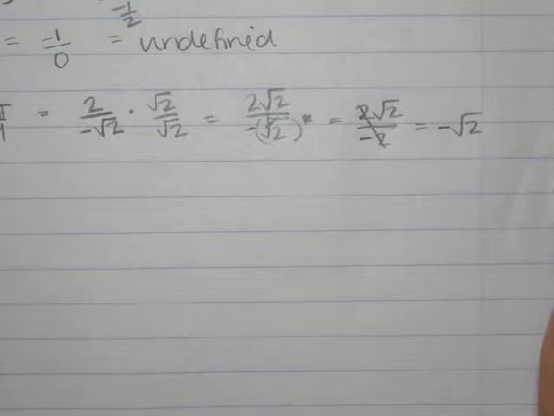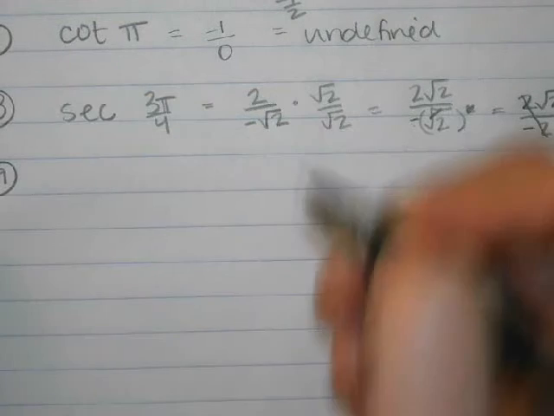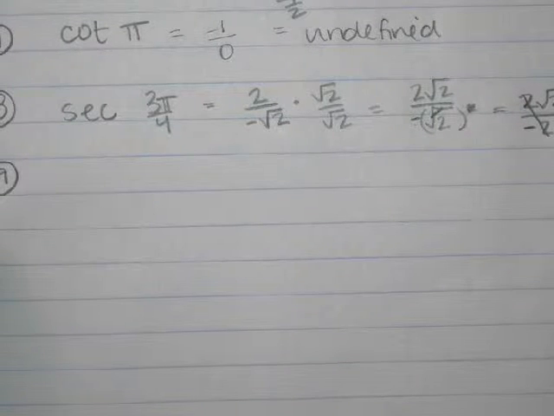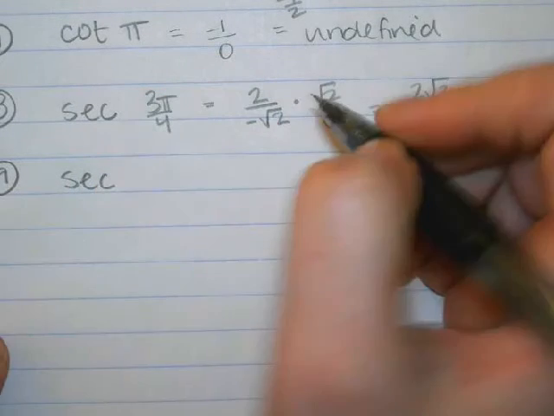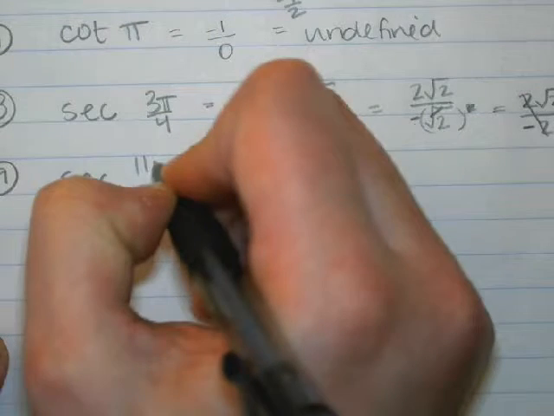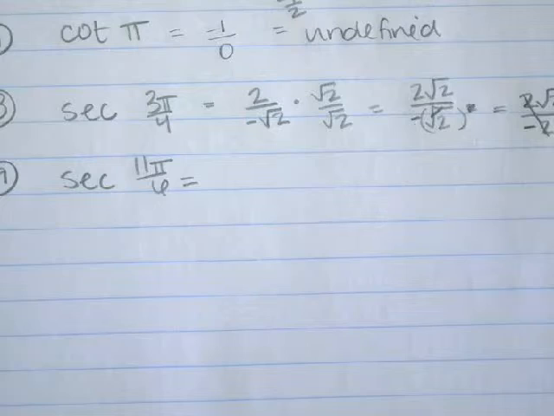I'm going to give you another one like that, okay? So number 9, we're going to have another one very similar to that. We're going to do secant of 11 pi over 6.